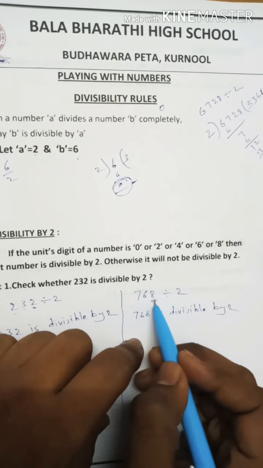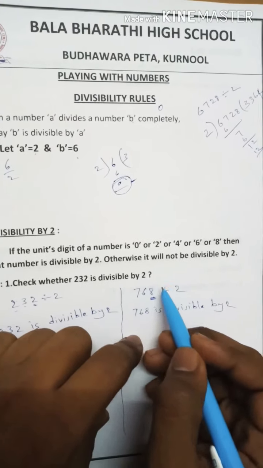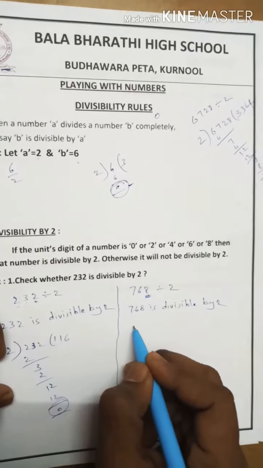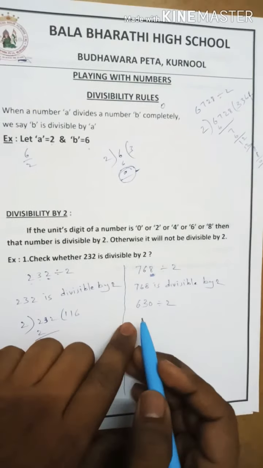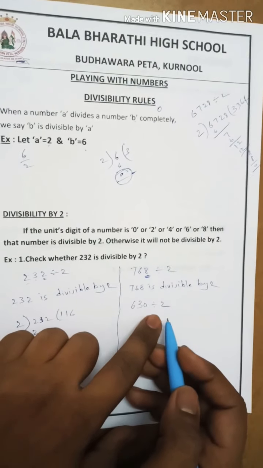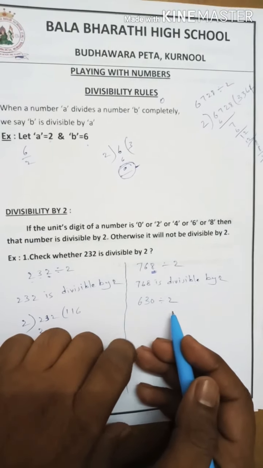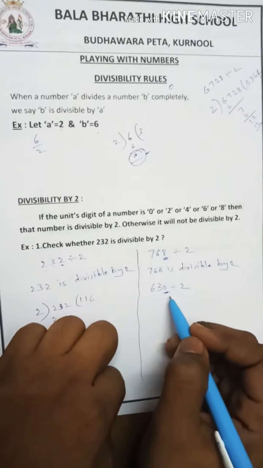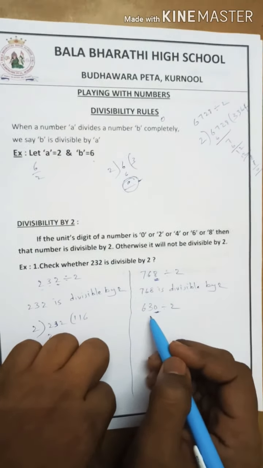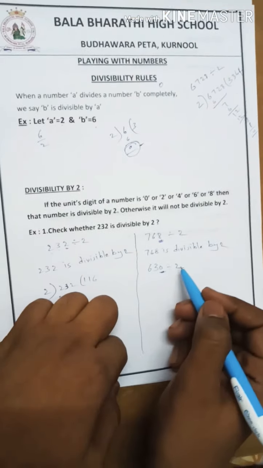Because in the units place we have the number 8. Next, 630. Now, is 630 divisible by 2? Yes. Why? Because in the units place we have the number 0. That is why 630 is divisible by 2.